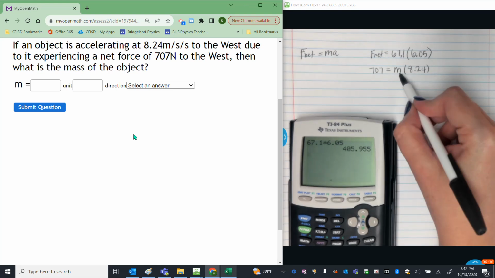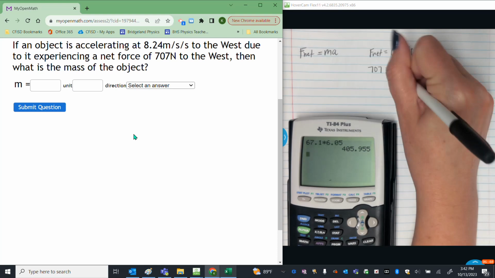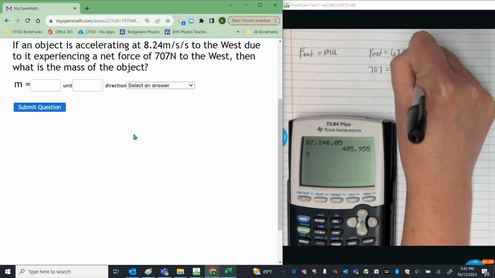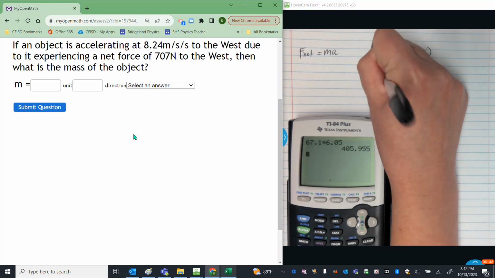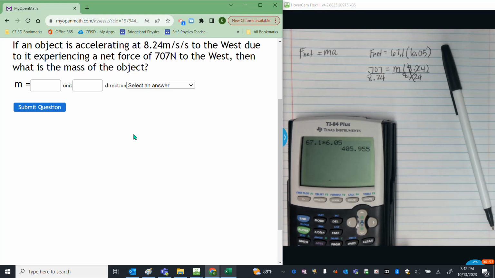Again, I'm trying to solve for this mass, which means I need to isolate that variable. These are being multiplied, so we're going to divide both sides by 8.24. That's going to cancel over here, and on this side I'm going to take on my calculator, 707 divided by 8.24, and that will give me my mass.